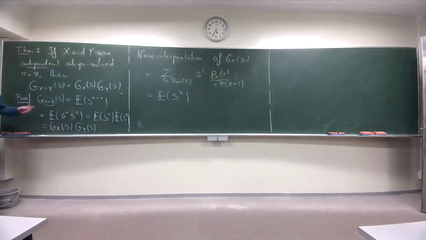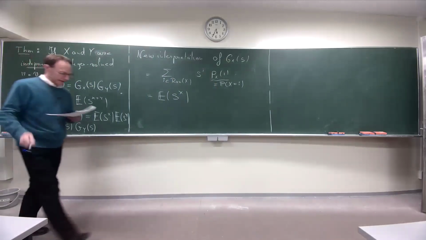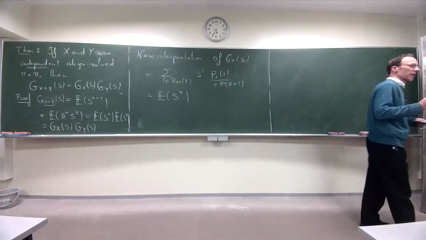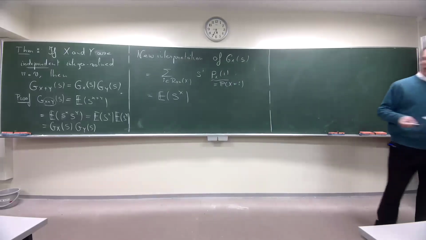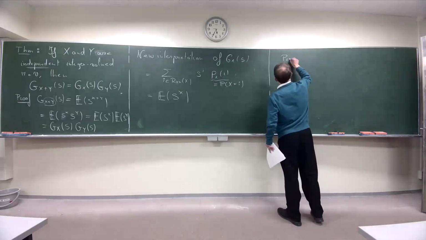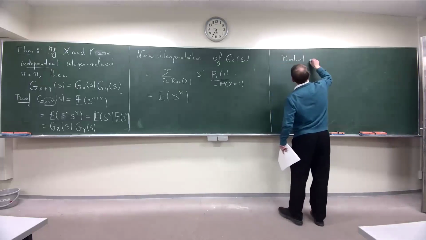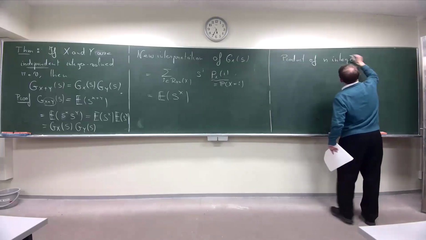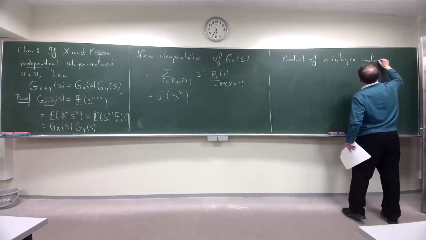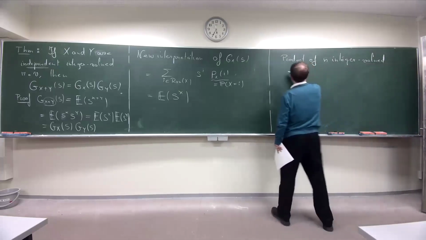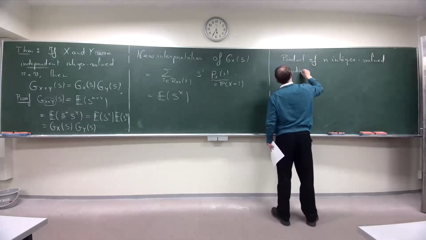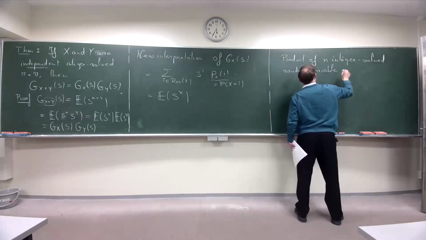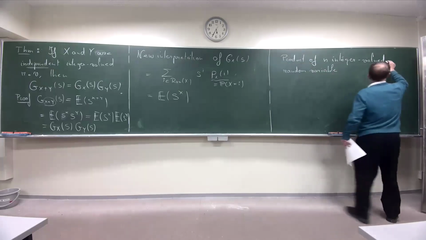It's about the product of n independent integer valued random variables, but with an n which is random itself. So, a product of n integer valued random variables, and they are independent.